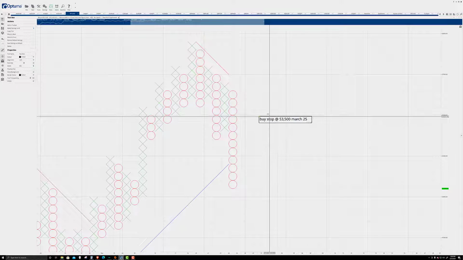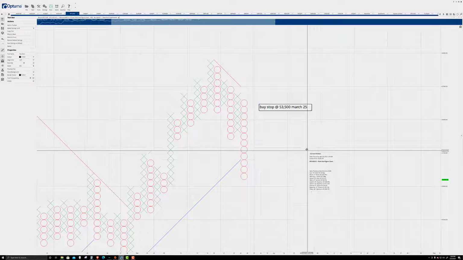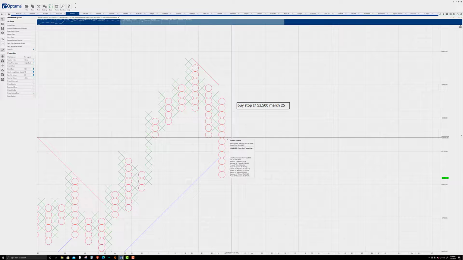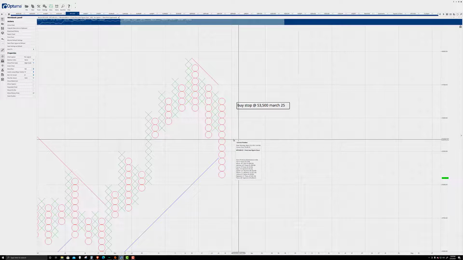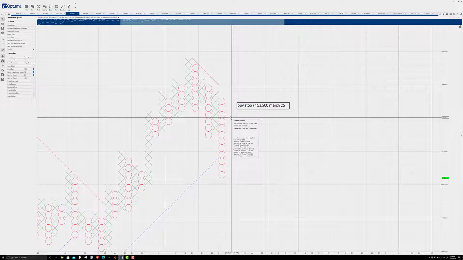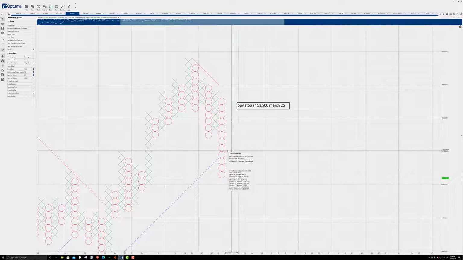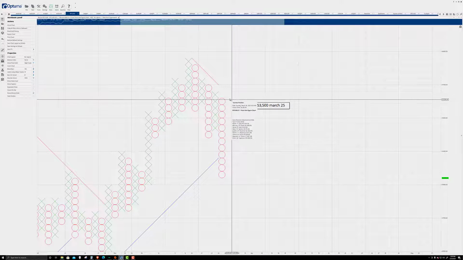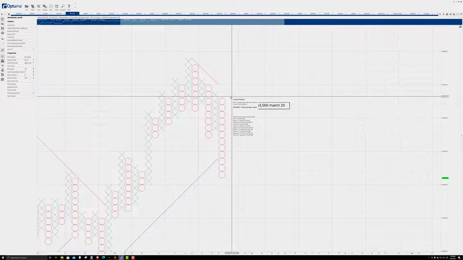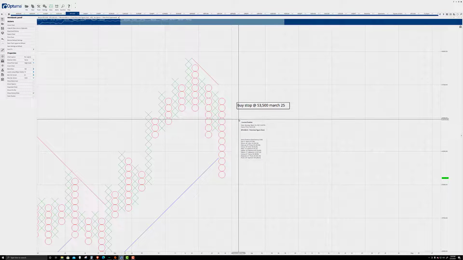Now, you might not want to do that though. Why? Because we are technically in a bear market. So what you want to look for here is, when a column of X's forms, if the next column of X's fails to cross above or break above this column of O's, then you look for the 3-box reversal, and that is the short entry.